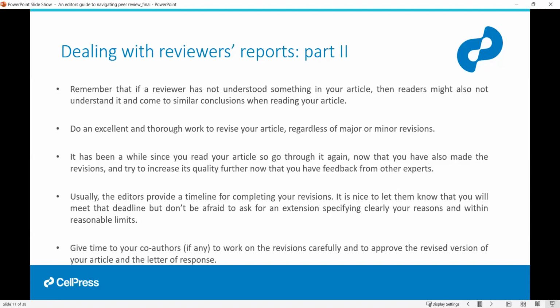Also, and more important, give time to your co-authors, if you have any, to work on the revisions carefully and to approve the revised version of your article and the written response. Each researcher will have a different way of reading the reviewers' comments, and that would be really nice to implement in your article.